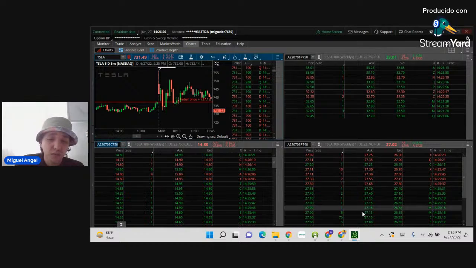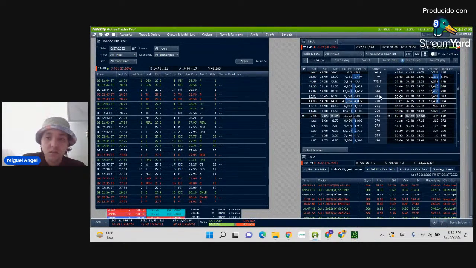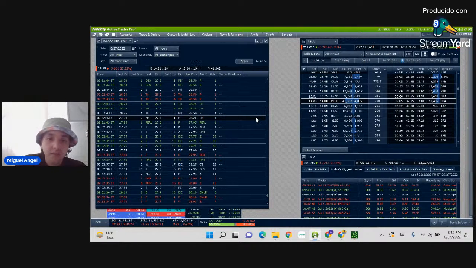So I like it a lot more. But Active Trader Pro is good. We got here the option chain. We see the volume, the open interest. Here we see the different contracts that are open. But basically, what I do like about Active Trader Pro is the way you can read the tape.